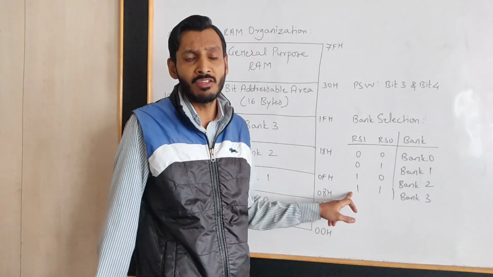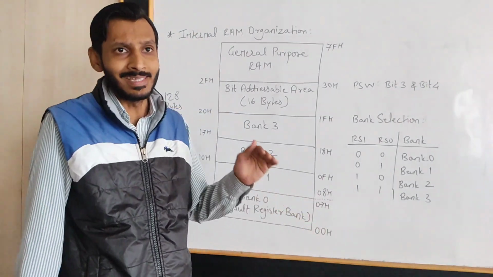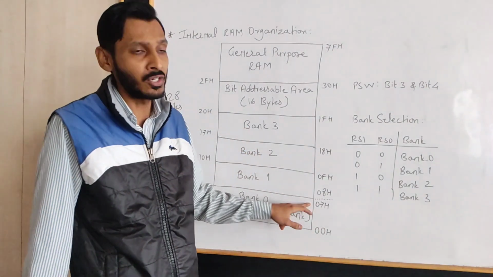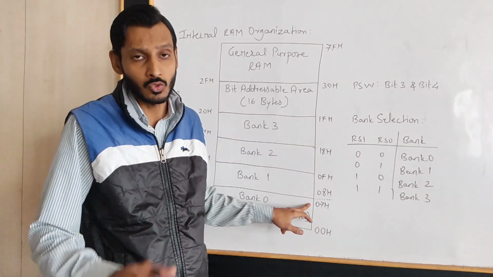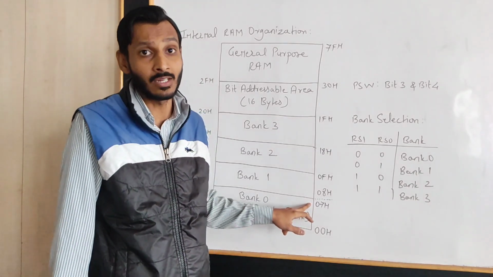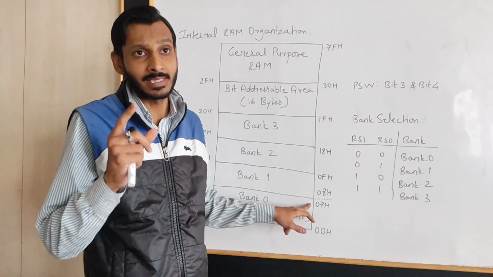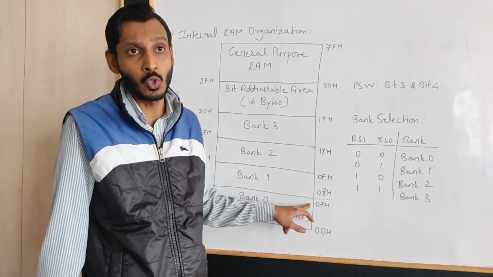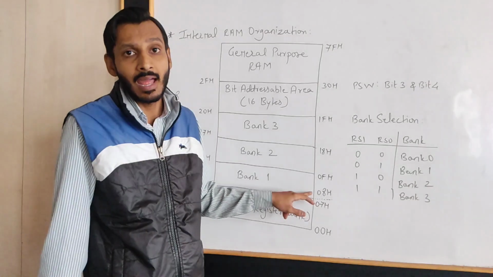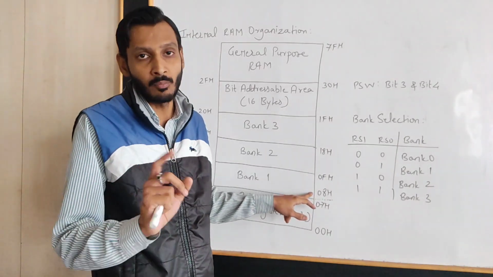Also, when you reset the microcontroller, the stack is initialized at the address 07H. So whenever you push data, the stack pointer will point to the location 08H, which is from bank 1.